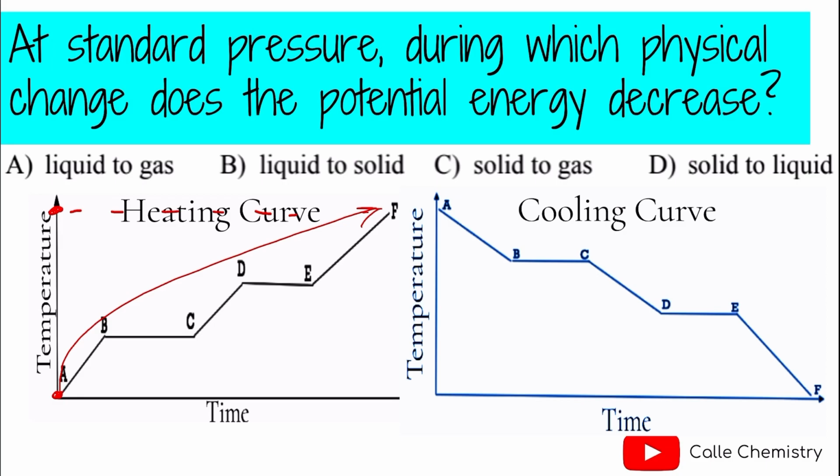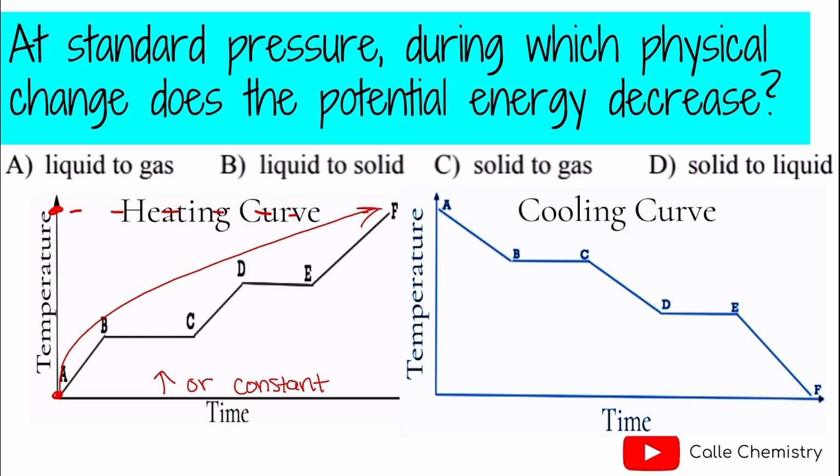Because for the heating curve, there's two options. Either one of the energies is remaining constant or increasing. And for the cooling curve, either one of the energies is staying constant or decreasing. So the two options for heating, increase or constant. That's what is happening to the energy in a heating curve.